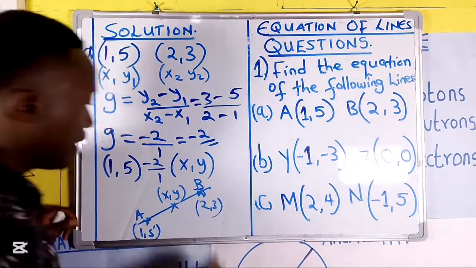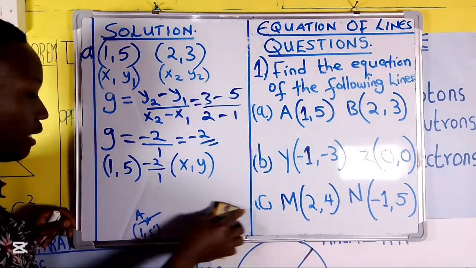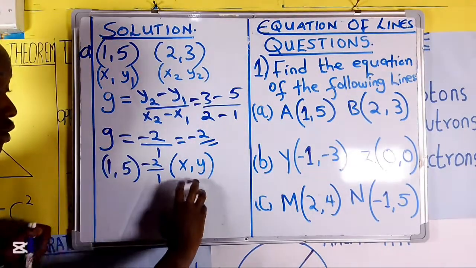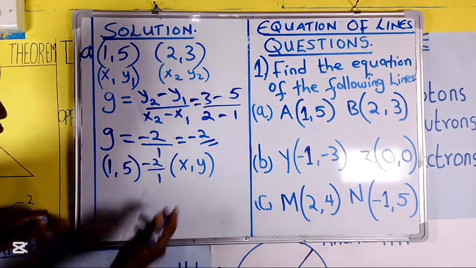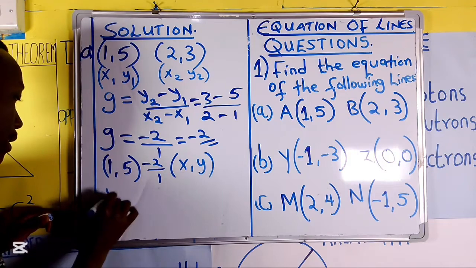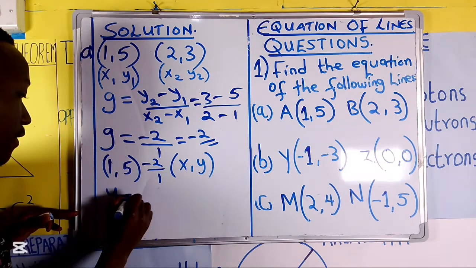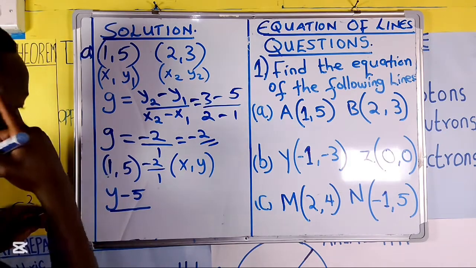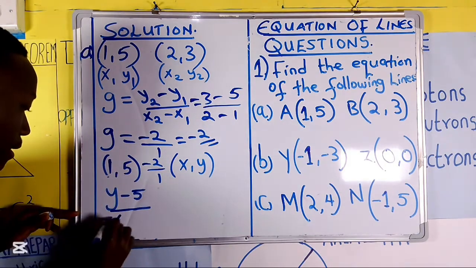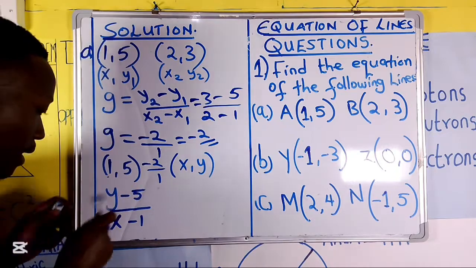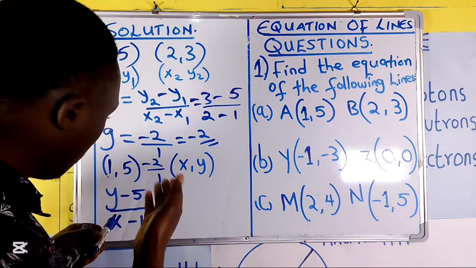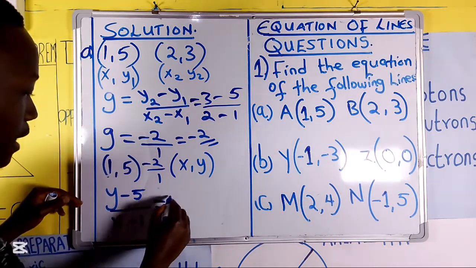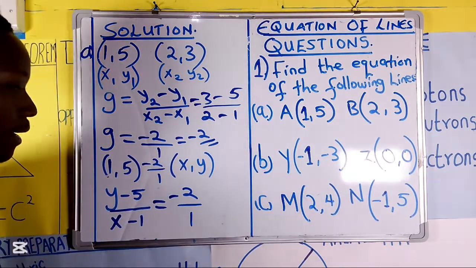The reason we selected (1, 5) is that we are going to use an arbitrary point, which is equivalent to x and y. So we take y minus 5, that is change in y, over change in x, which is x minus 1, and that is equal to negative 2 over 1.